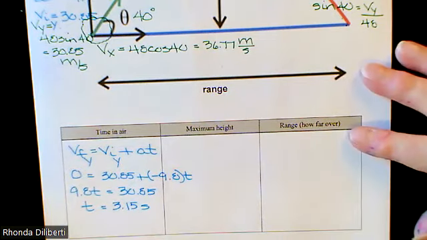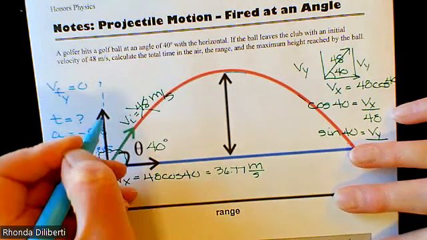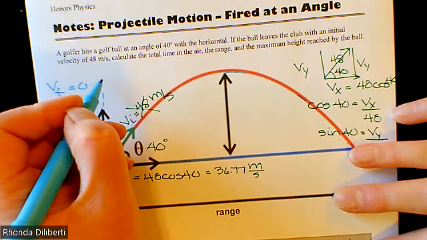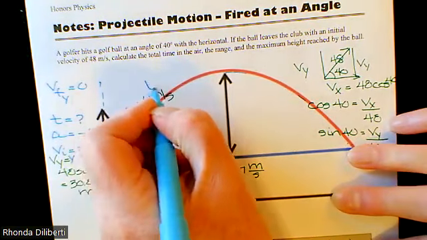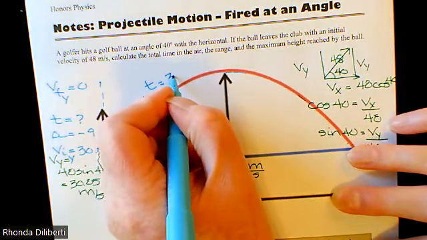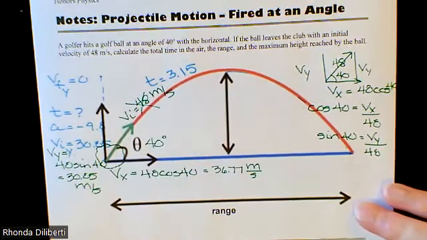All right, let's look at that for a minute. So that was the time to go straight up, 3.15 seconds. That equals the time to parabola up. So I'm going to write down on this half of the parabola, 3.15 seconds. Well, this is a symmetrical picture.